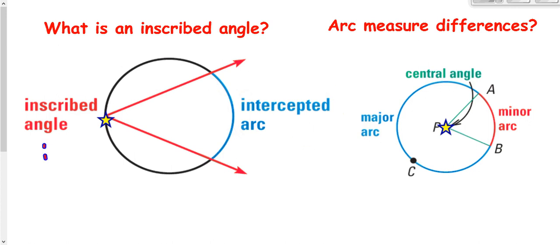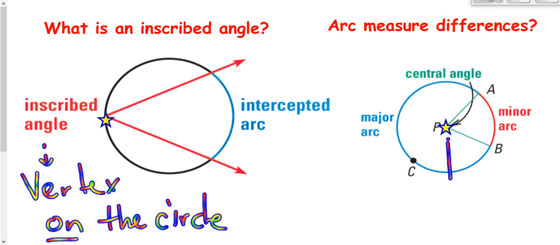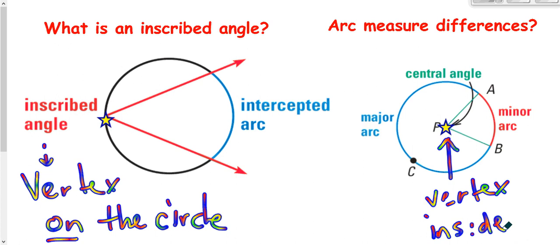So the inscribed angle here, its vertex is on the circle, whereas the central angle, like we said, its vertex is at the center of the circle.